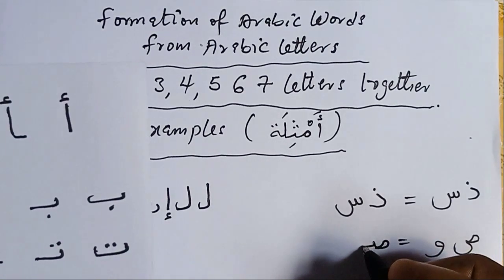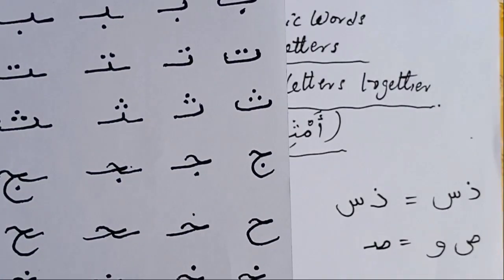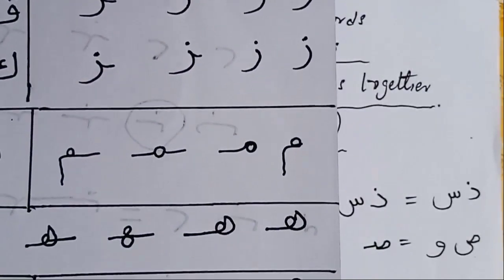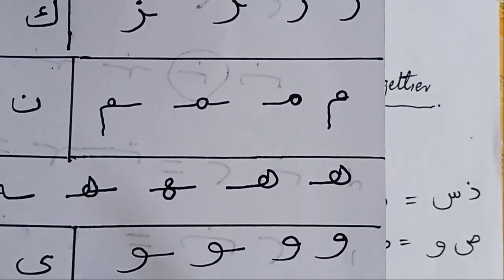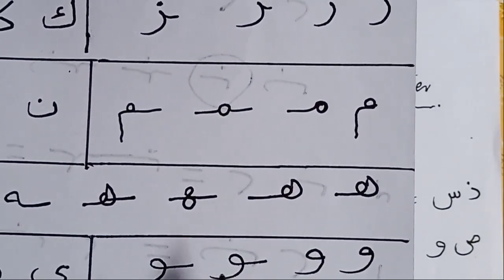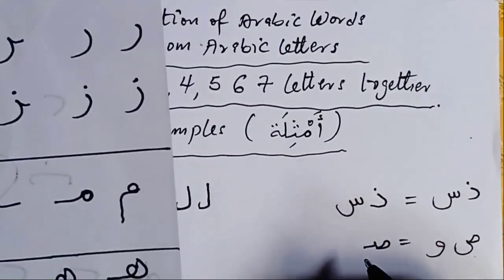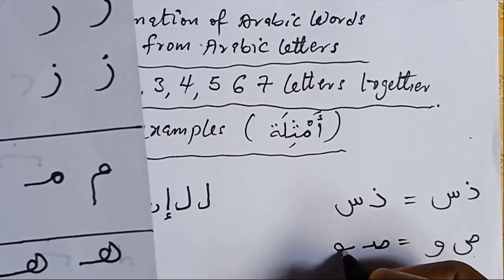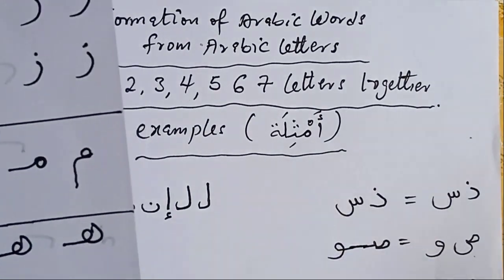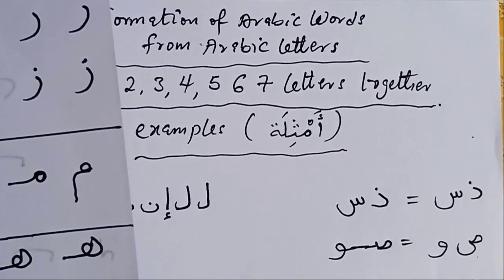In order to join the Waw also, we consider the one that could be joined with it. So we choose from the middle or the end of the word Waw. So we have this also. Then we can attach them together like that. So that has been joined for you.